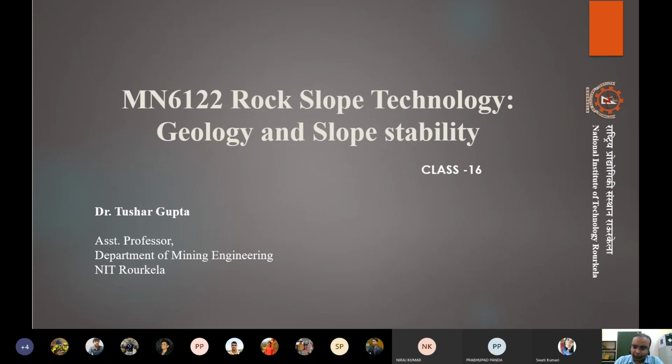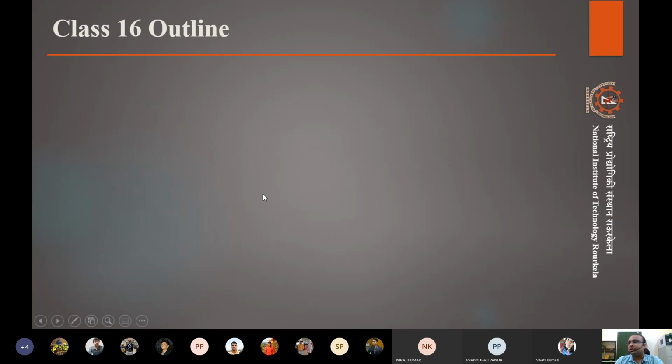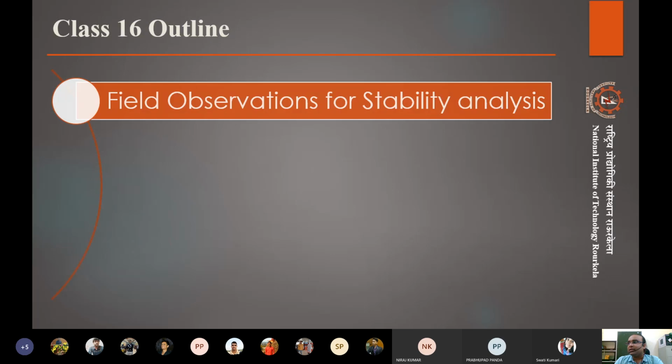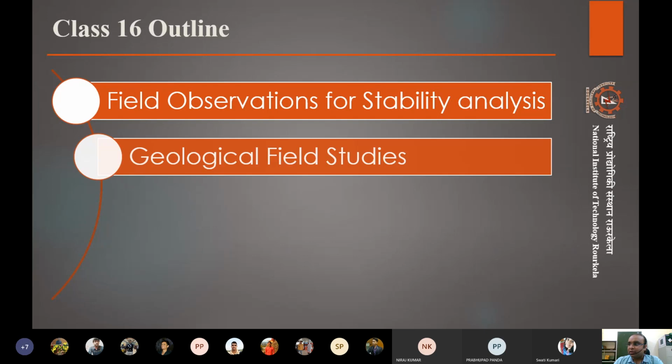So the purpose of this knowledge, why we are studying this here, is basically to know what to expect, or what kind of data is collected when we go to the fields, right? Today we will again see the observations that we make in the field, as slope engineers as well as from the perspective of geology.